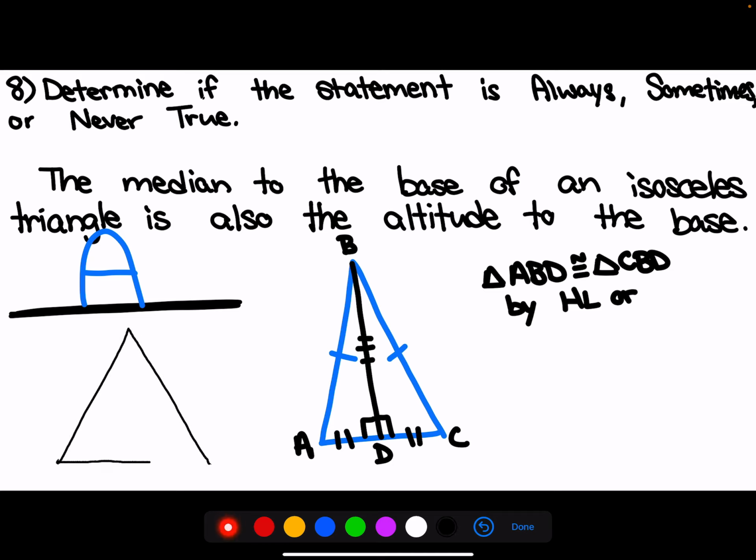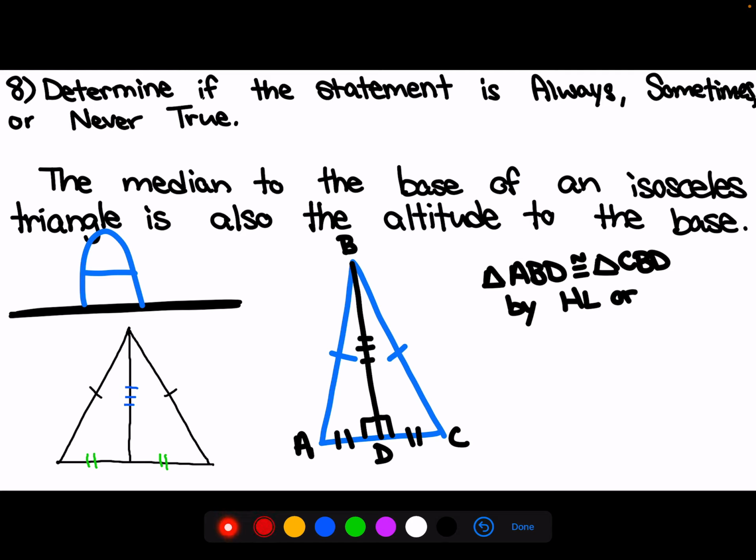If I have an isosceles triangle here, I already know that the legs are congruent. I also know that this is a median, so therefore it's going to intersect at the midpoint, which means that the bottom two segments are going to be congruent to each other. Lastly, that middle segment is congruent by the reflexive property, so these two triangles are congruent by side, side, side.